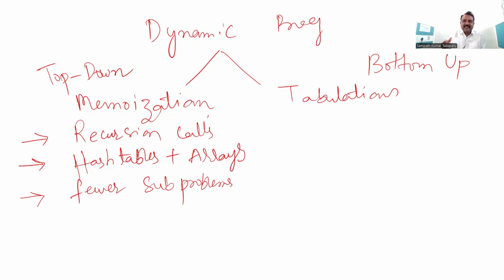It means that if your task has only some fewer subproblems, then we are going to use the technique called memoization. And the advantage we have if I use memoization is that it is easy to understand.